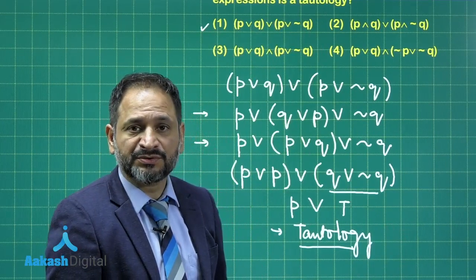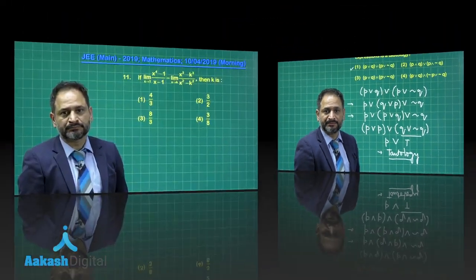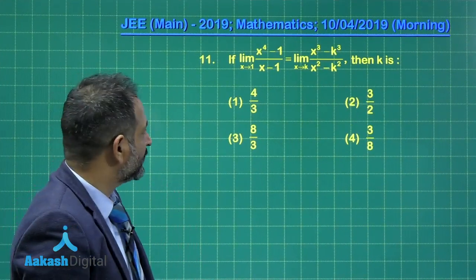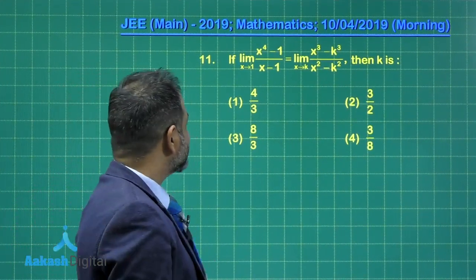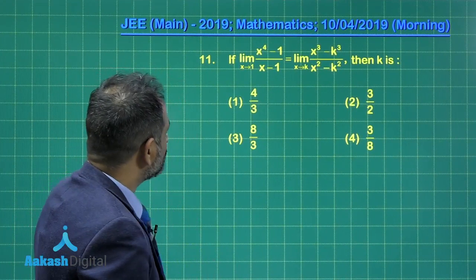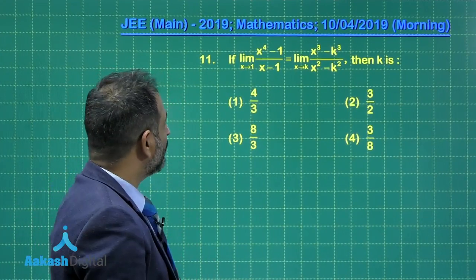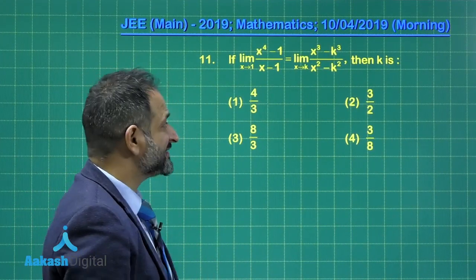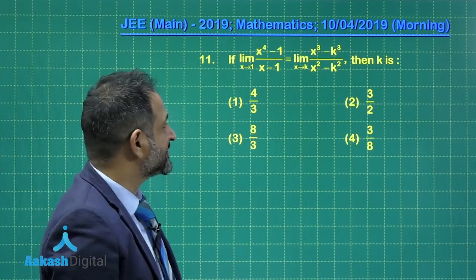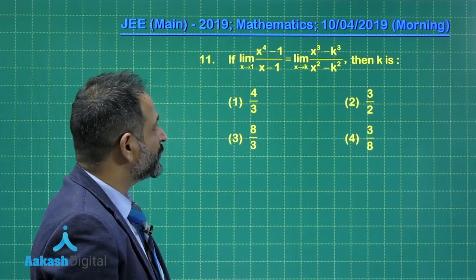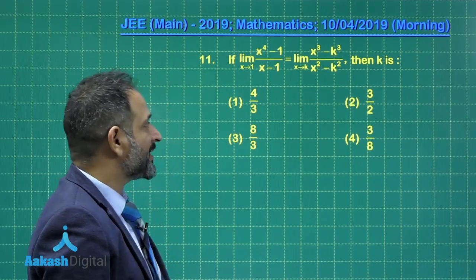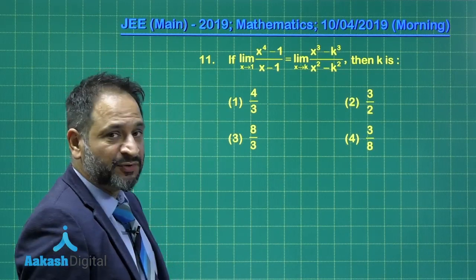Let us move on to the next problem. The next question is again from limits. It says that limit x tending to 1 of x raised to the power 4 minus 1 upon x minus 1 is same as limit x tending to k of x cube minus k cube upon x square minus k square. Then what is the value of k?